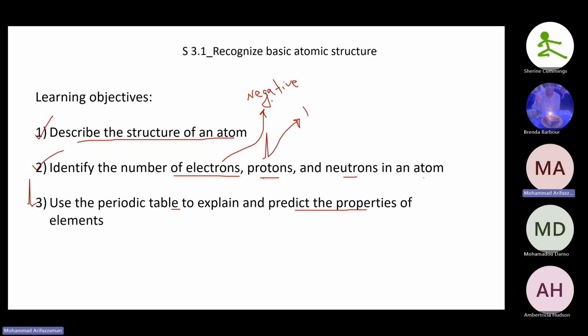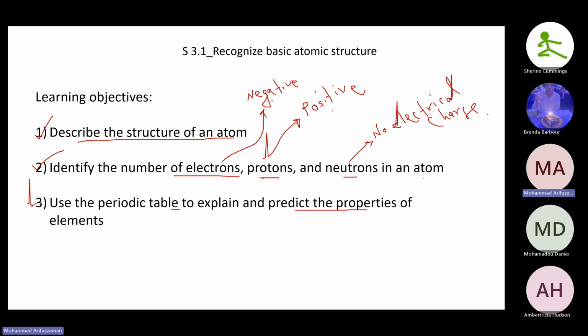Protons carry positive charge. Good. And the neutron, yes, has no electrical charge. No electrical charge, meaning that it's neutral, correct. This is no electrical charge.